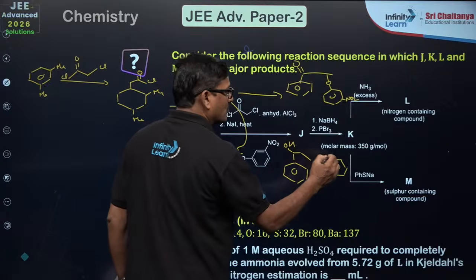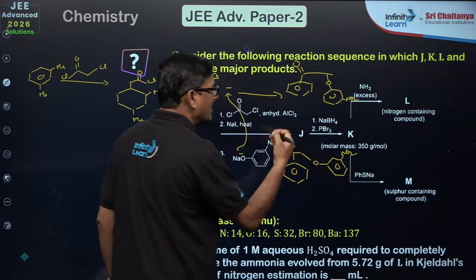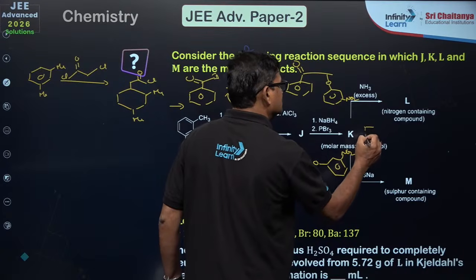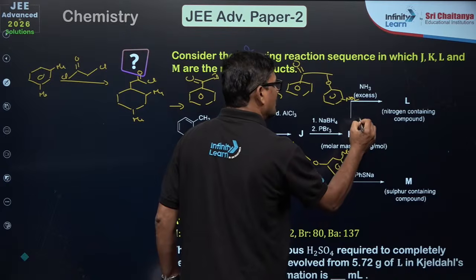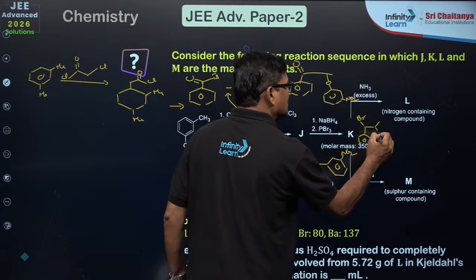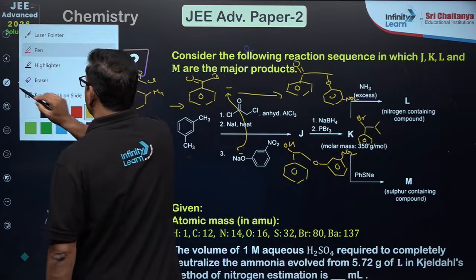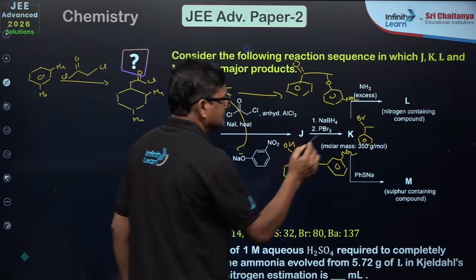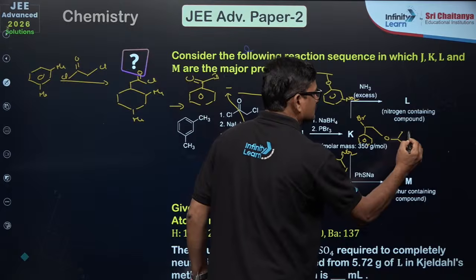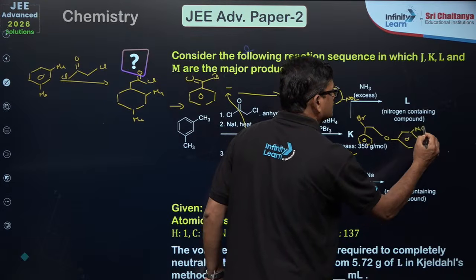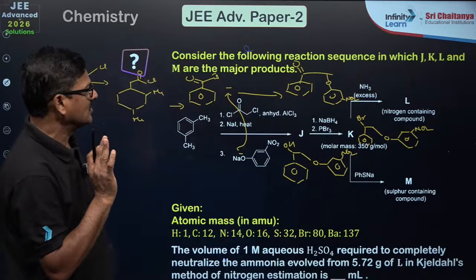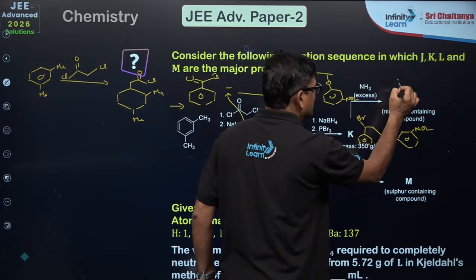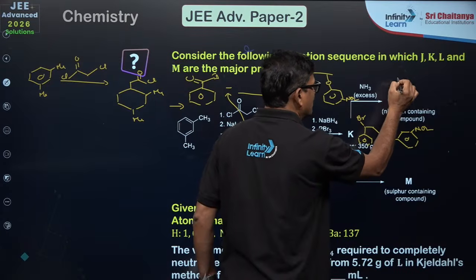At meta position, NO2 should be there. And with PBr3, you are going to get Br. So it is a nitrogen containing compound, and if it is treated with NH3, NH2 should be there in the place of Br.